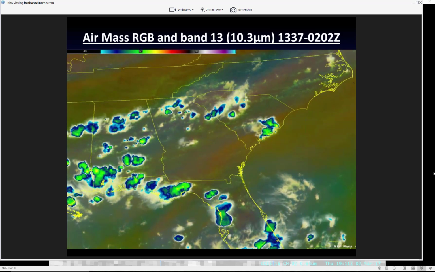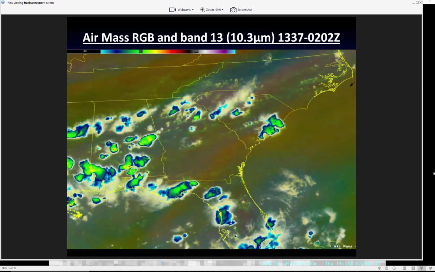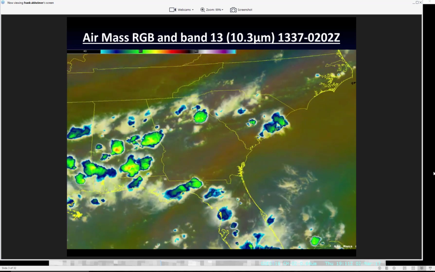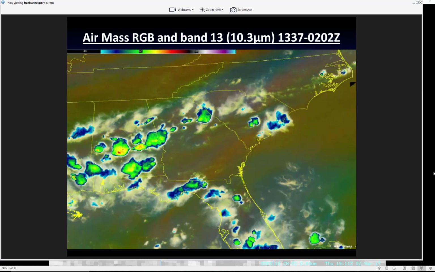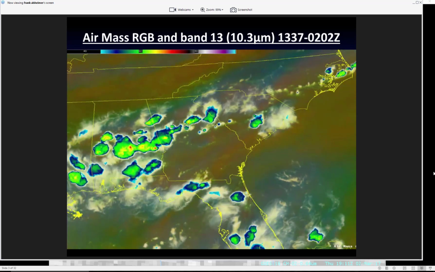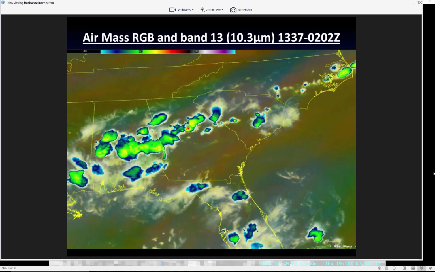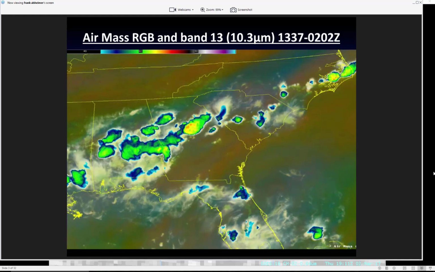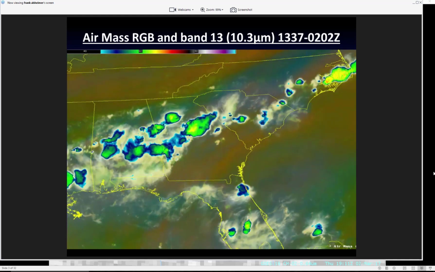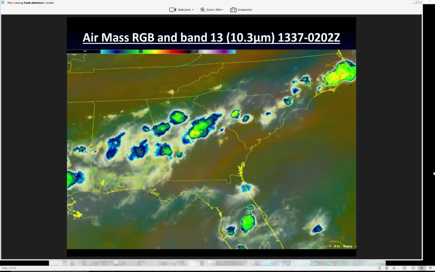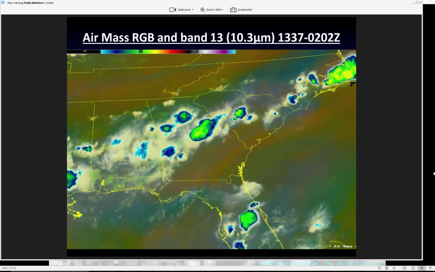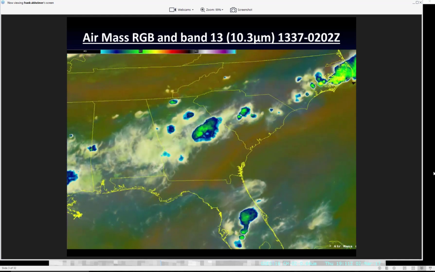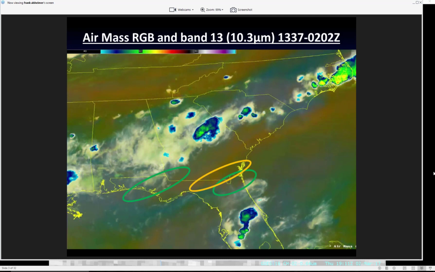That may be something of benefit for you all, or you may be able to see it just as easily in the Air Mass RGB as it stands. But one thing that's for certain is that you could see that area of slightly less moisture in the Air Mass RGB over our area of interest. And now at this point, as we get towards the end of the day, you can see the convection firing in that area.